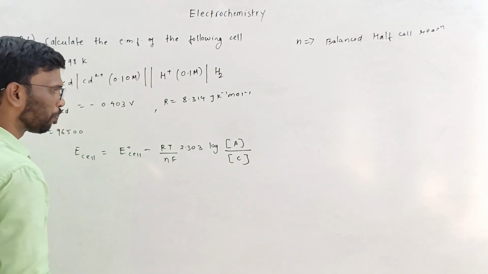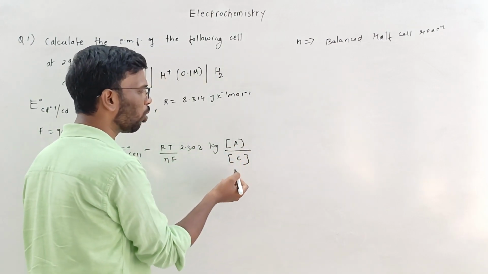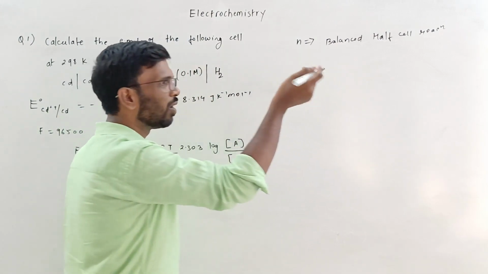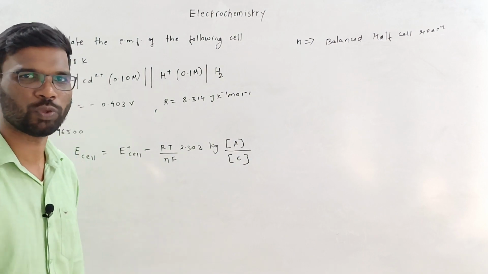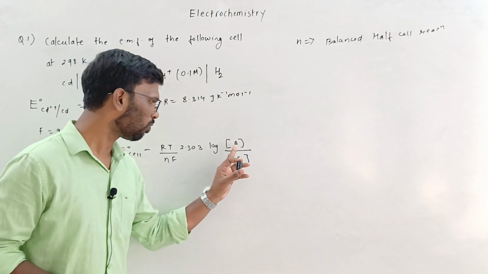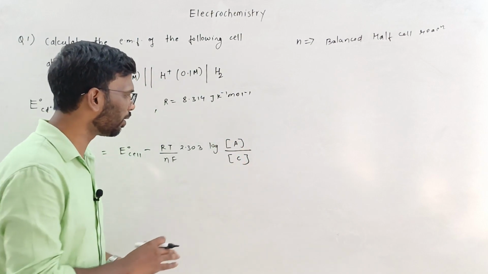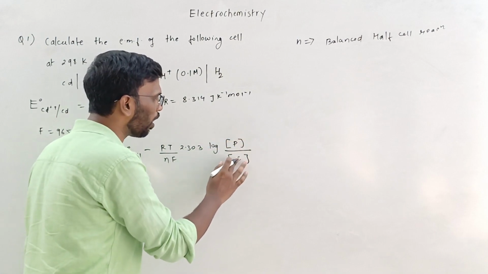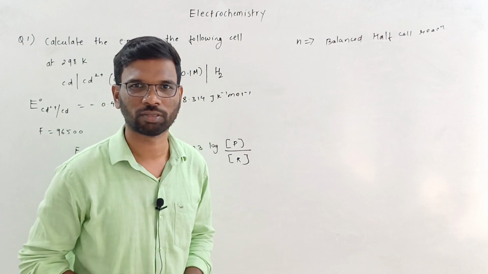Now to get this concentration, anode upon cathode, we also want the overall cell reaction. That is also very important because stoichiometric coefficients will be involved. So this equation could also be written as log of the concentration of product upon reactant in the overall cell reaction, right?